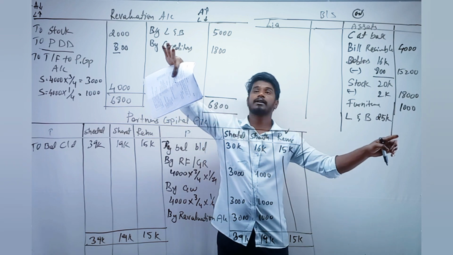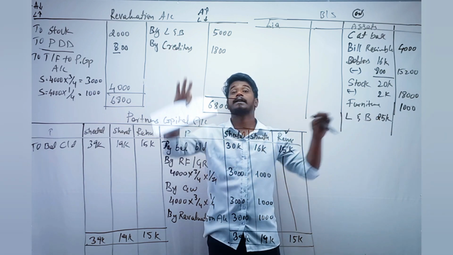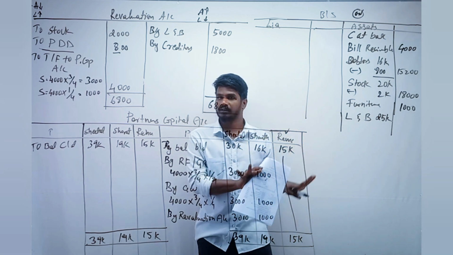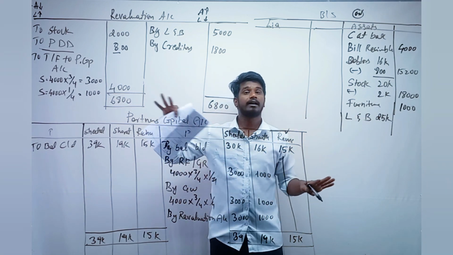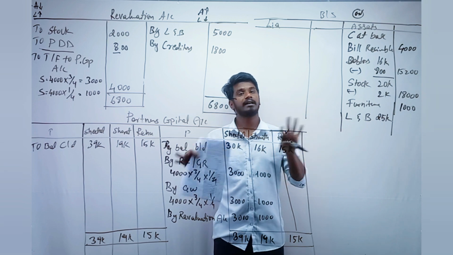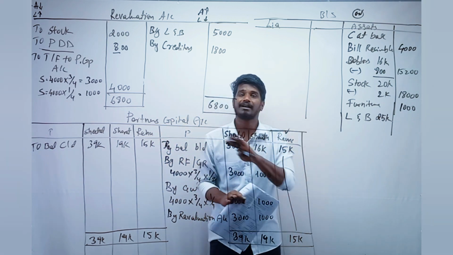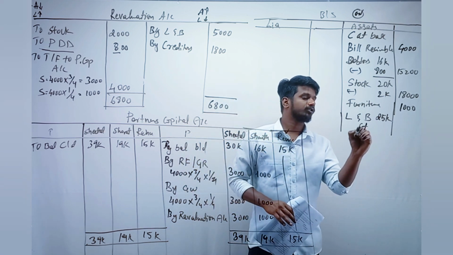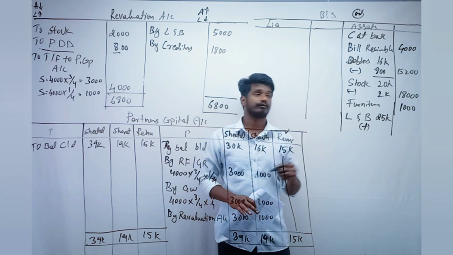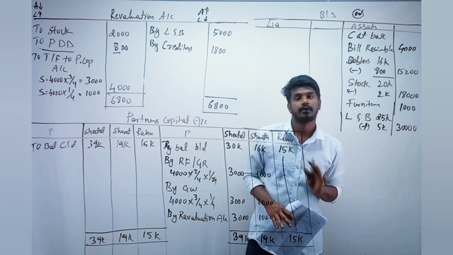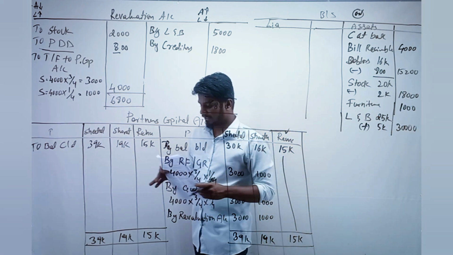Credit, and here also we are writing on the credit side. Just add that. Credit, add. Debit, minus. If it is on the opposite side, just minus. If it is on the same side, just add it. So we need to add 5,000. It will be 30,000, correct. So the asset side is done.